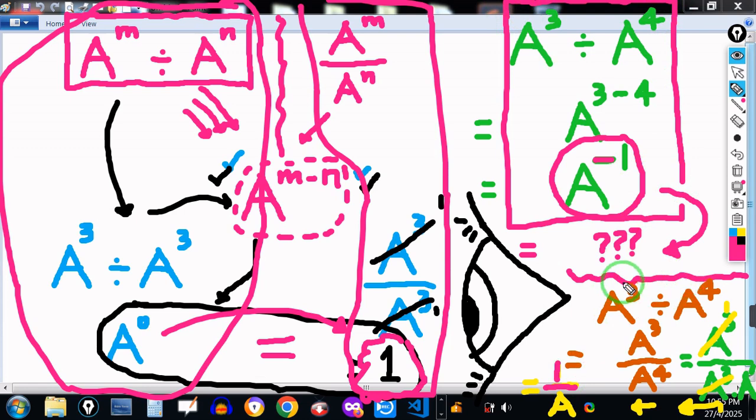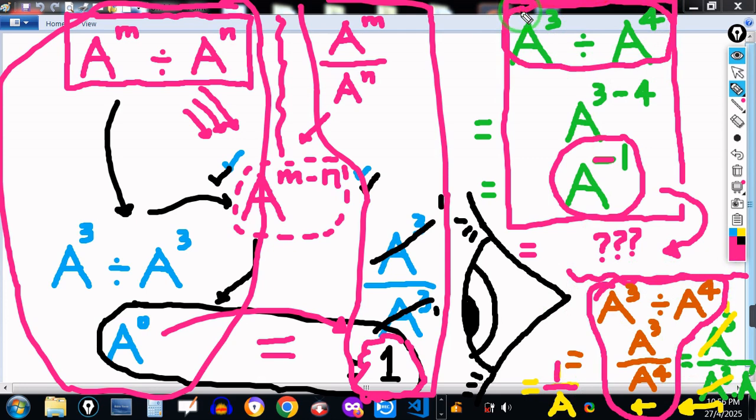How? We use another way of thinking, reasoning, which is put 1 on top and 1 below, numerator, denominator. And once we did that, hey, we got a 1 over A. Therefore, we came from the same original. This is the original. This is also the original.